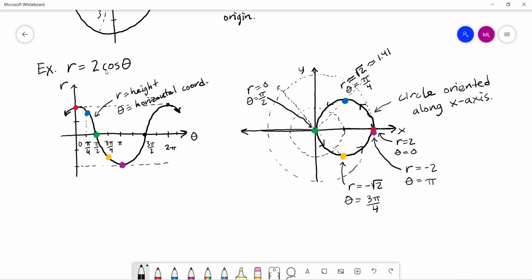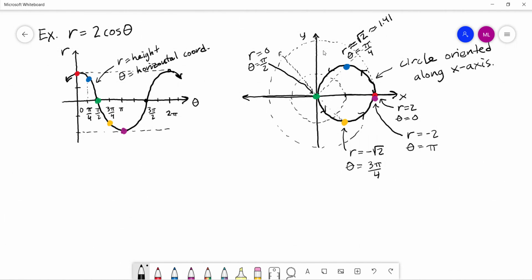If instead it said r equals 2 sine of theta, the only difference would be instead of our circle being oriented along the x-axis, it would be up along the y-axis right here instead. So, hopefully this makes some sense. I would strongly recommend playing around a little bit in Desmos.